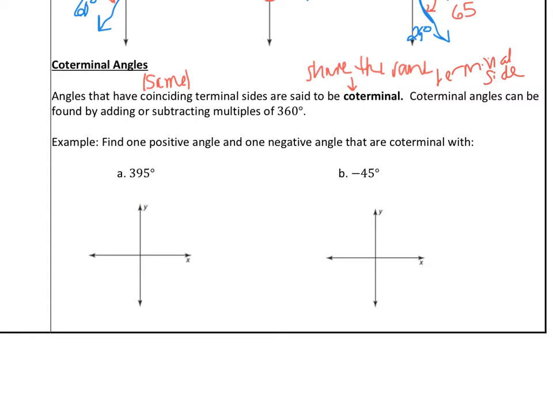So we're starting with a positive angle and a negative angle that's coterminal with 395 degrees. I'm going to start by drawing in my 395 degree angle. I'm starting on the x-axis. 395 is positive, so I'm going to go counterclockwise. It's more than 360, so I'm going to go past 360, 35 degrees.